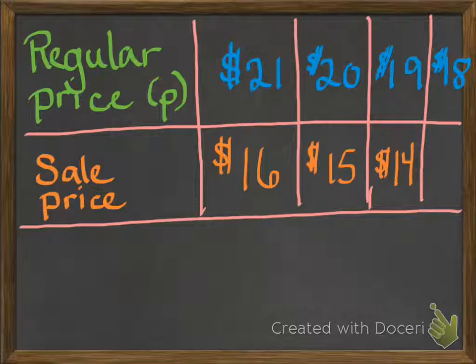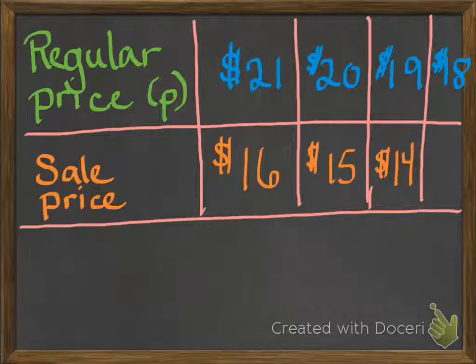Okay, so you'll see that we have this table here, and the table has on the very top row the regular price, and then it says in parentheses P. So the regular price is going to be represented by the variable P, and the regular price of the first item is $21. Underneath it is the sale price, which is $16.